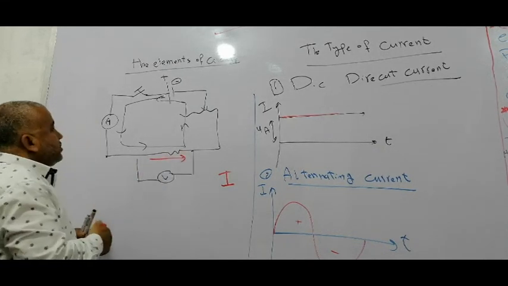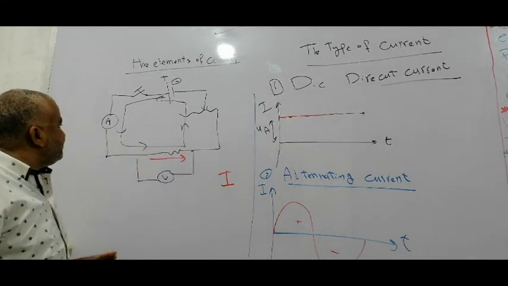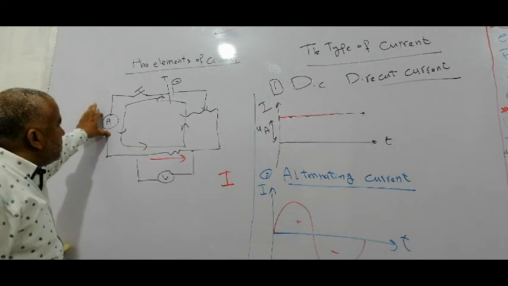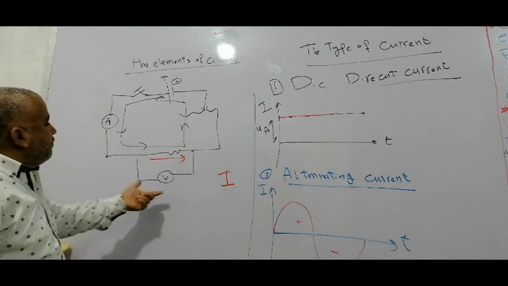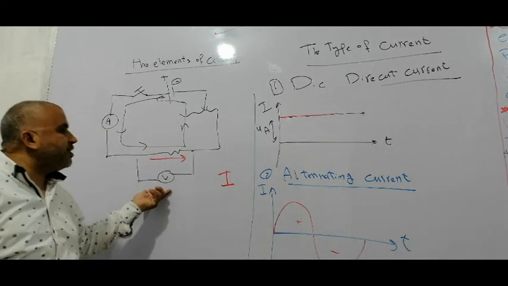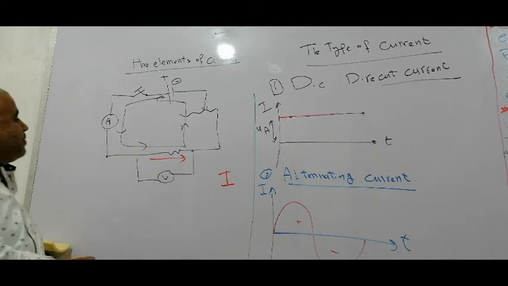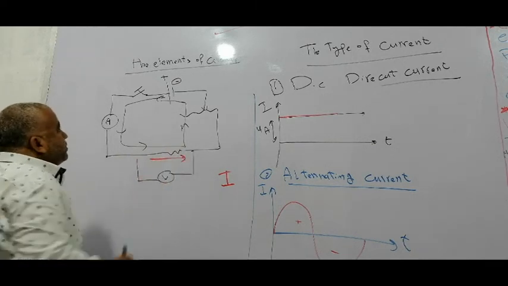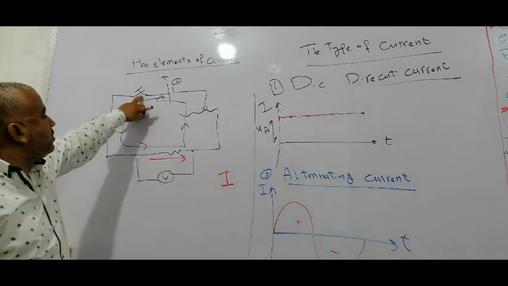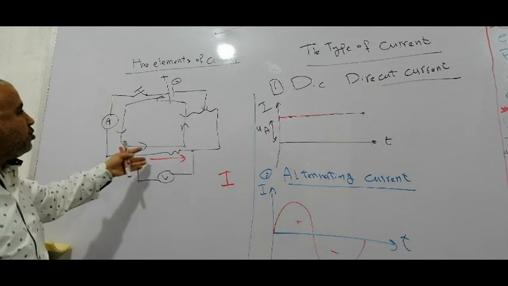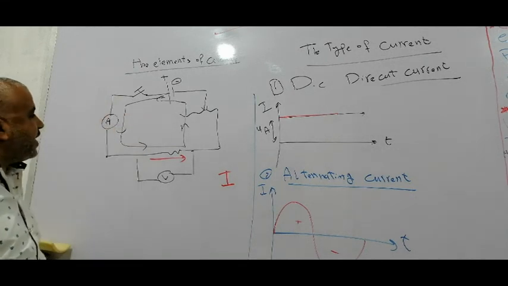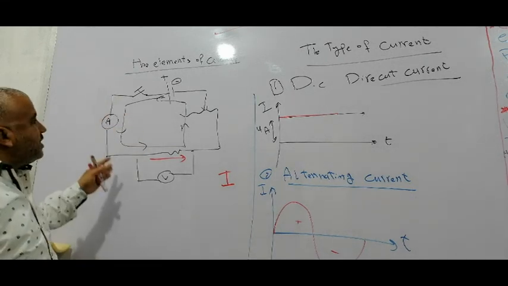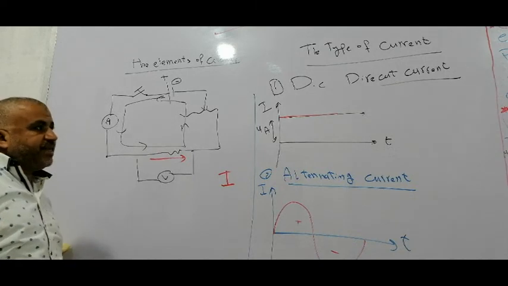The battery pushes the current in this direction. The ammeter measures the intensity of current. The voltmeter measures the voltage difference between the two terminals of a resistance. A switch allows the current to pass or not pass in the circuit. These are the elements of a circuit.